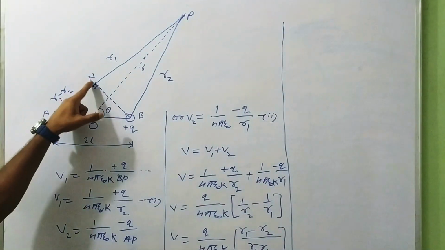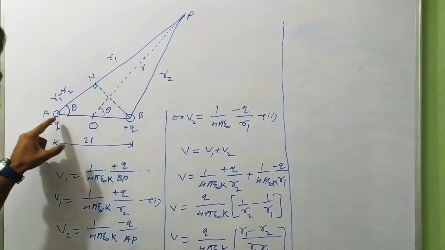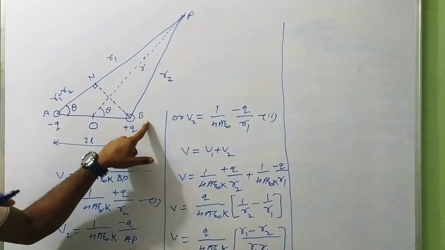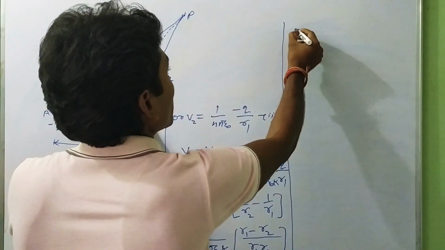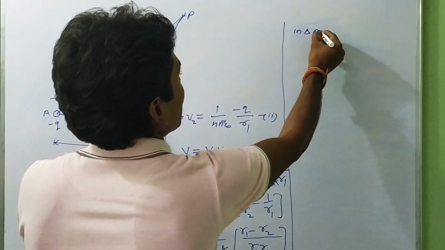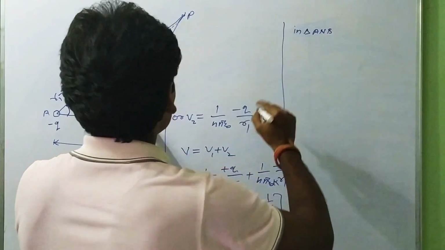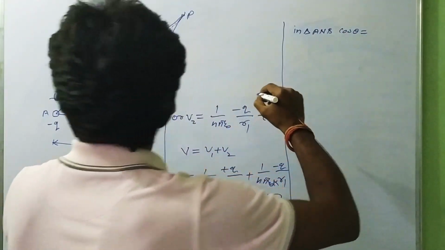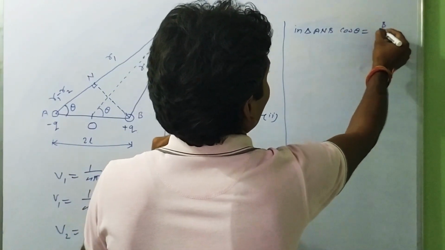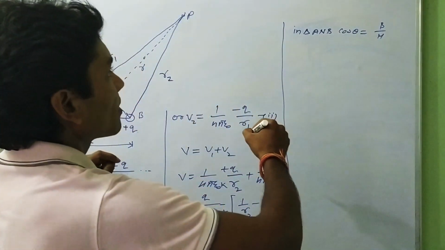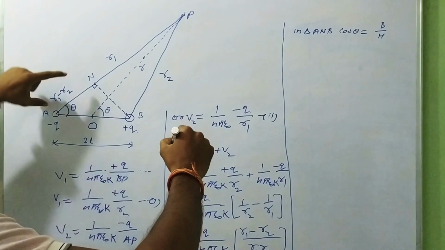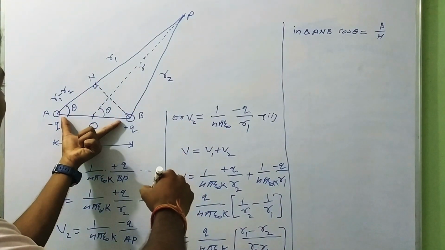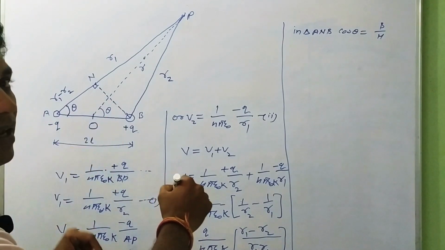So from this right angled triangle ANB, in triangle ANB, cos theta will be base upon hypotenuse. This is the base, this is the perpendicular, and this is the hypotenuse of this triangle.